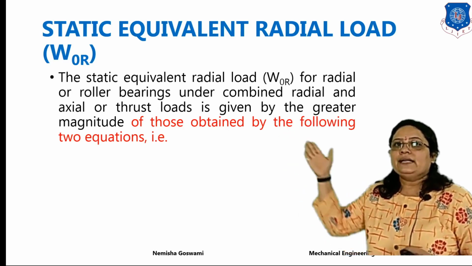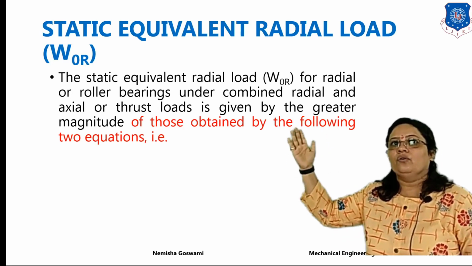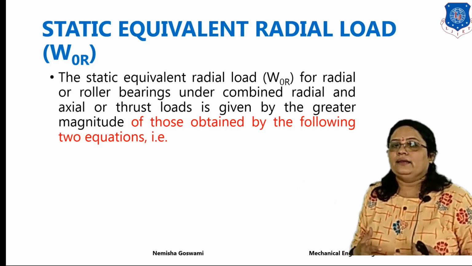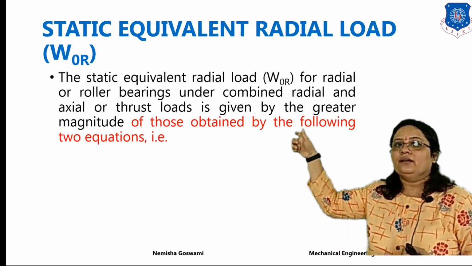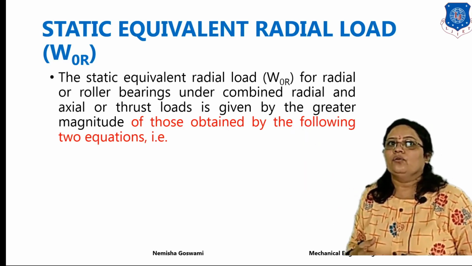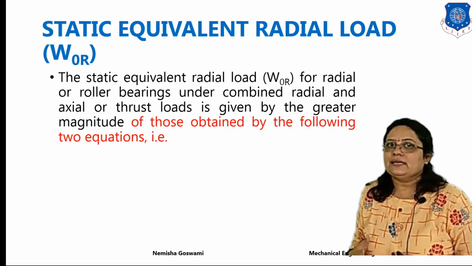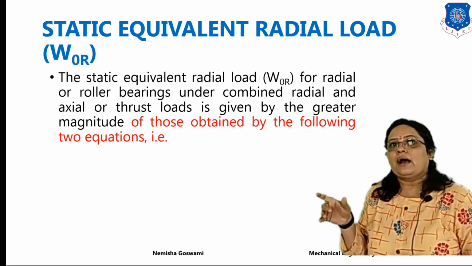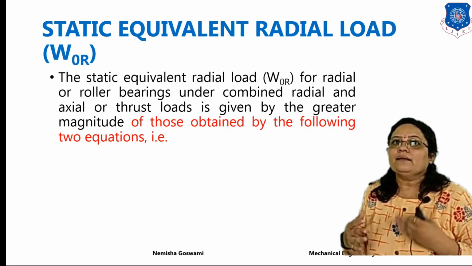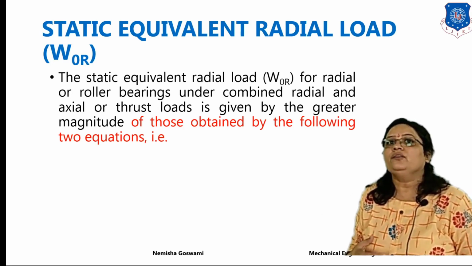Okay. So static equivalent radial load. Again, this is your radial load, right? So radial load for roller bearing under combined radial and axial thrust load is given by the greater magnitude of those obtained by two equations.